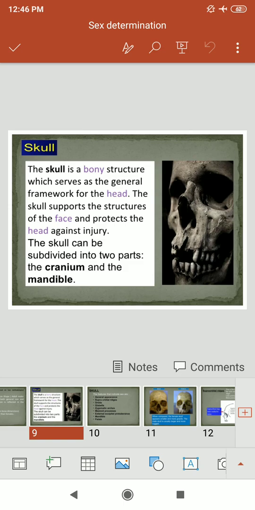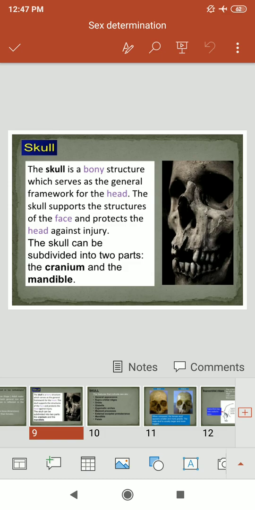So you can see the skull is a bony structure which serves as a general framework for the head. The skull supports the structures of the face and protects the head against injury.